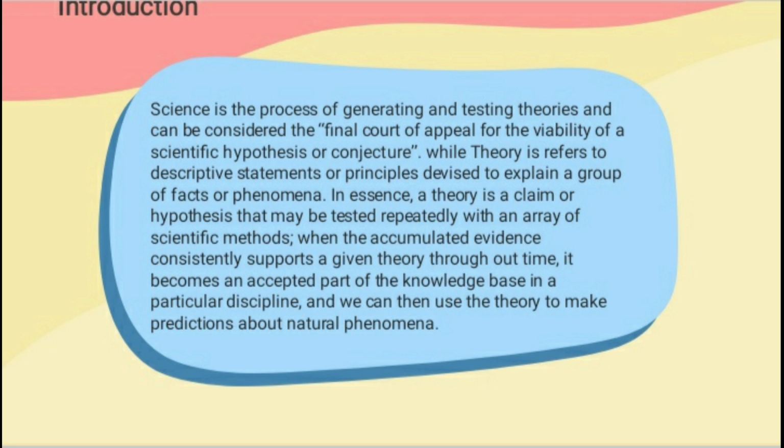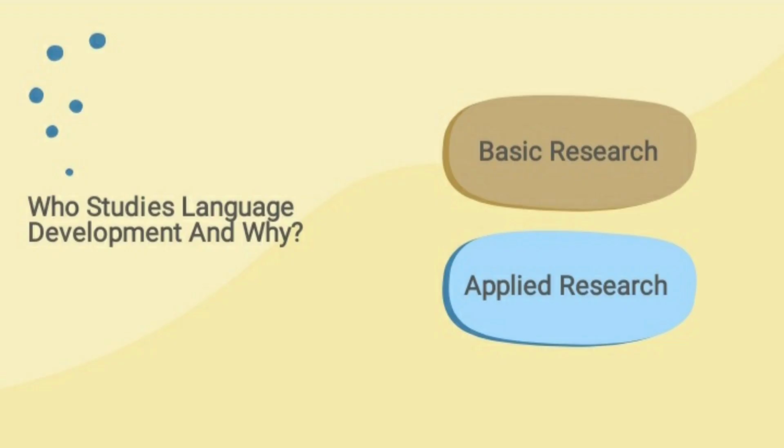When they accumulate evidence that constantly supports a given theory throughout time, it becomes an active part of the knowledge base in a particular discipline, and we can use the theory to make a prediction about natural phenomena.